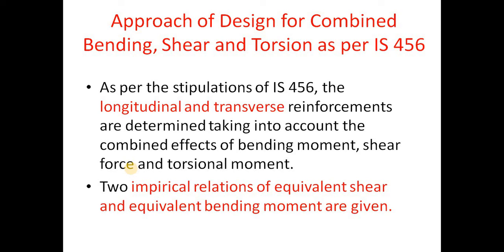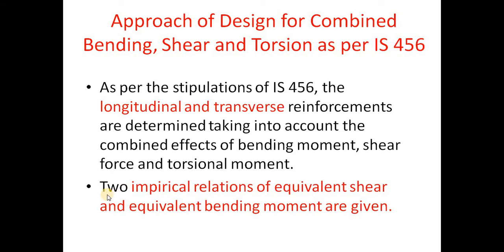But when torsion is induced, this torsional moment is also to be considered. Based on this, we have to find out longitudinal and transverse reinforcement. Longitudinal reinforcement means main reinforcement, and transverse reinforcement means shear reinforcement. If you know about designing a beam, you will be able to understand this.